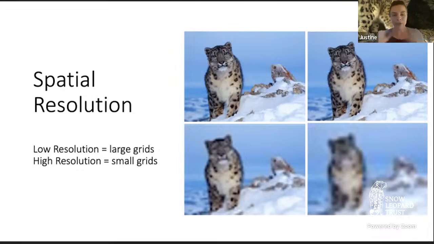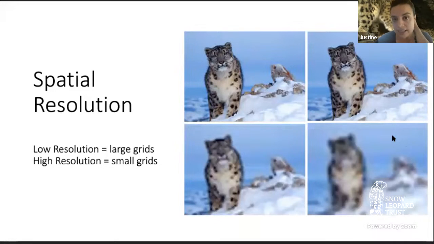When you look at a snow leopard picture, it really depends on the resolution of that picture. If you have a really good picture, it's high resolution, you have very tiny grids within that picture. That's what composes that picture. But if you have a very low resolution picture, it's often much larger grids that are composing it. And that's why it creates this blurry effect.